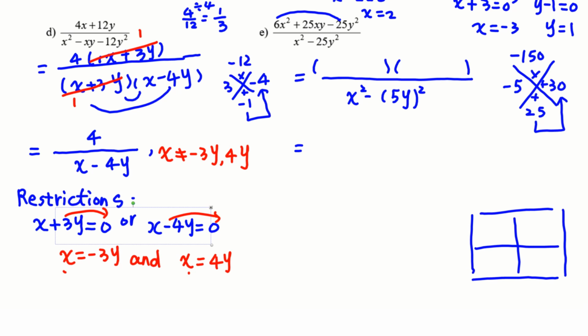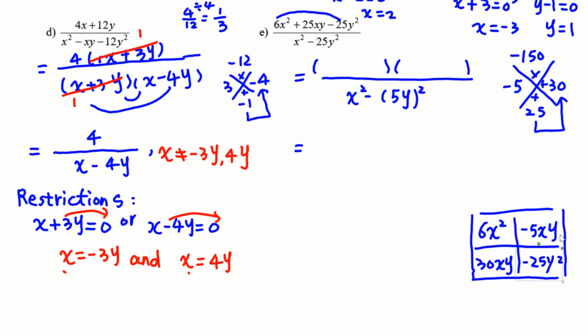The box method will be to put the first term of the numerator in the first box, the last term in the last box, and for the middle term we are going to use the two numbers we found to split the middle term. So negative 5xy, positive 30xy, add together give you 25.